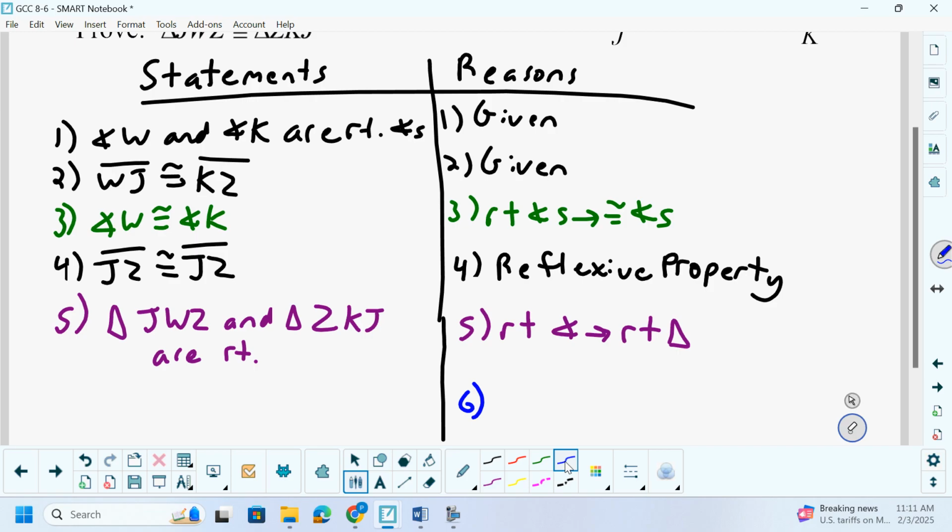And we'll finish off, we'll now be able to do that our triangles are congruent by hypotenuse leg. So we'll say HL congruent to HL. And our statement will just be what we wanted to prove. Triangle JWZ is congruent to triangle ZKJ.